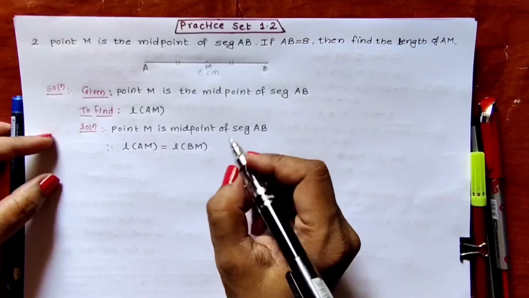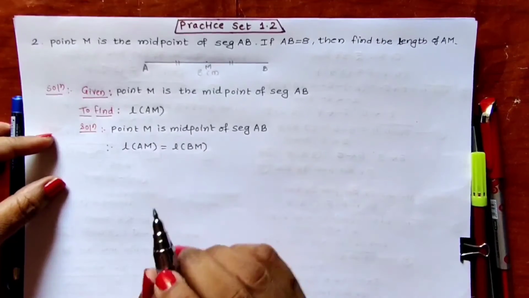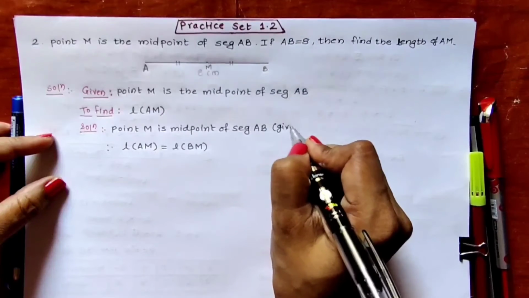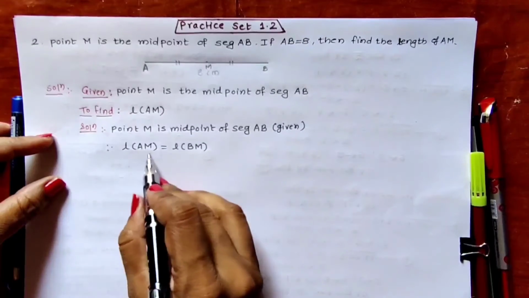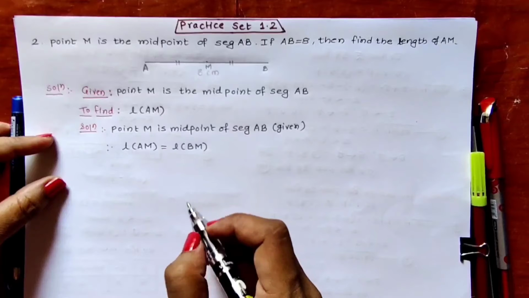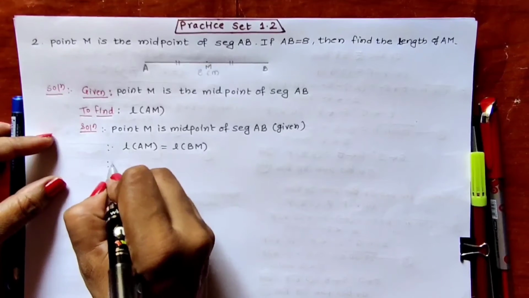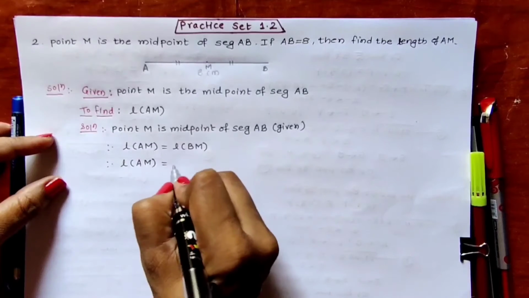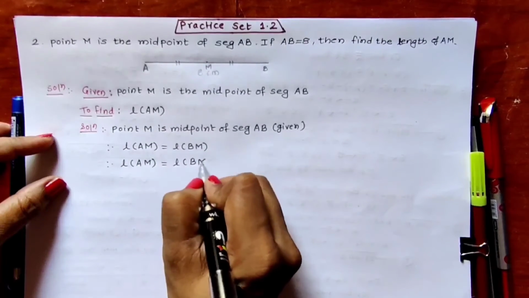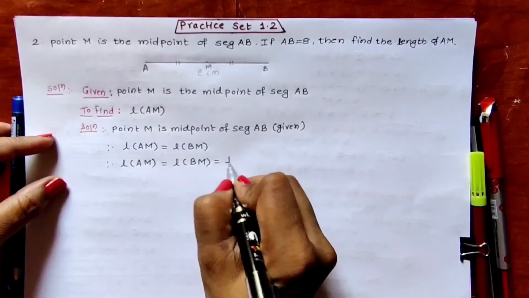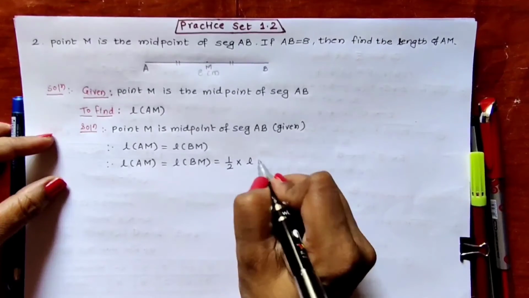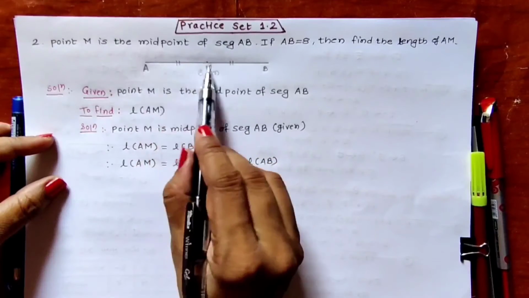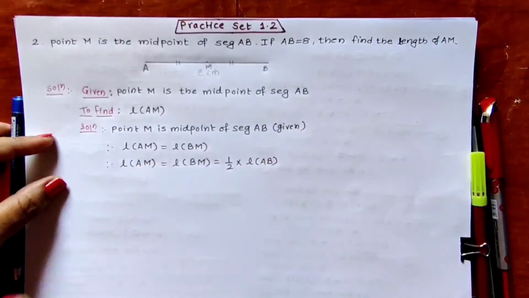Why these two lengths are equal? Because it is given to us. M is the midpoint of seg AB is given to us, and from this given we can write AM is equal to BM. So therefore length AM and length BM, they both will be equal to half of length AB. Correct? Because M is the midpoint, AM and BM will be half of AB.